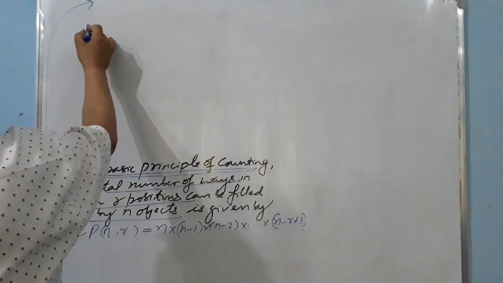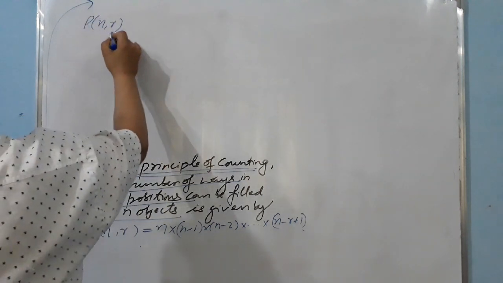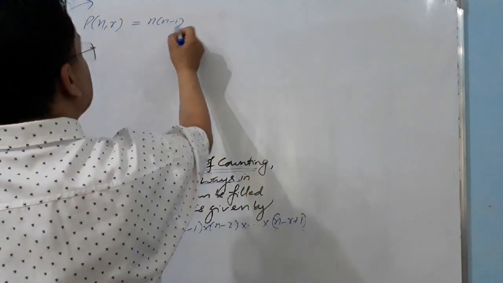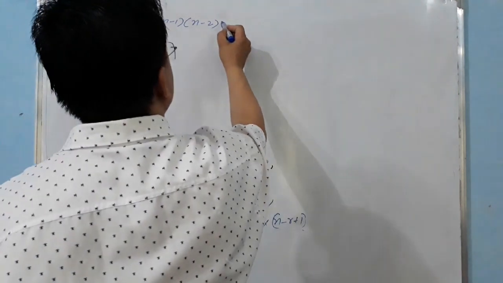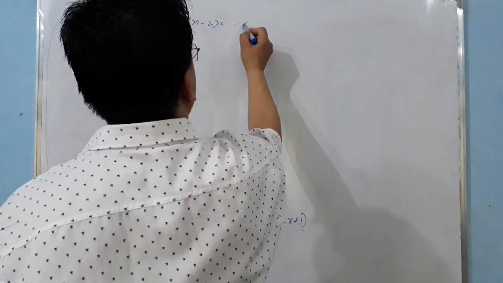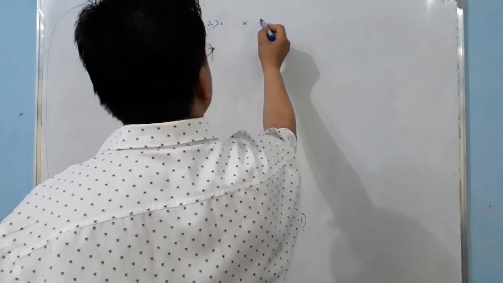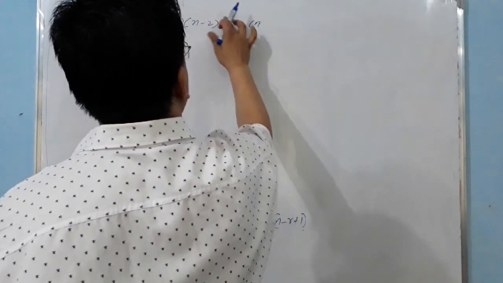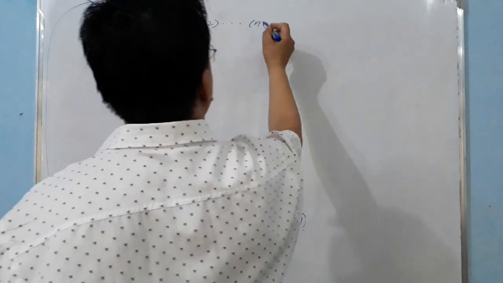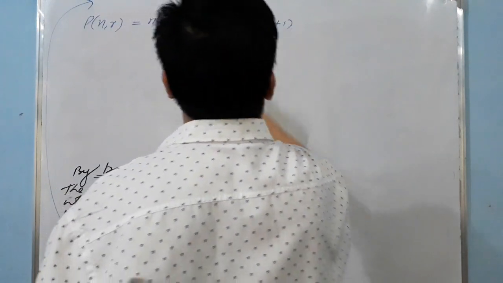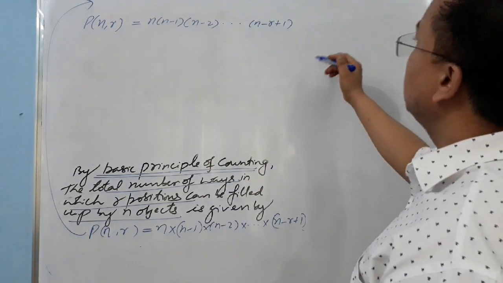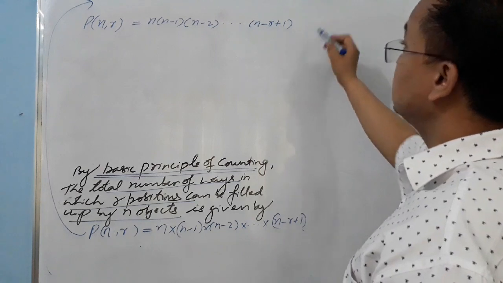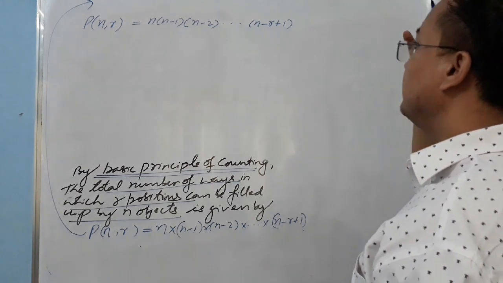Look here, P(n, r) is equal to n into (n minus 1) into (n minus 2) into dot dot dot into (n minus r plus 1). Now let's try to extend the products up to 1.